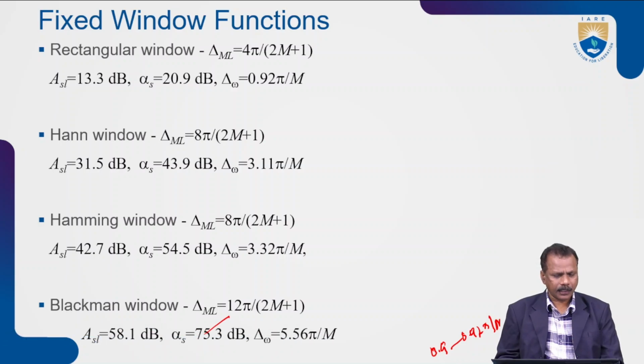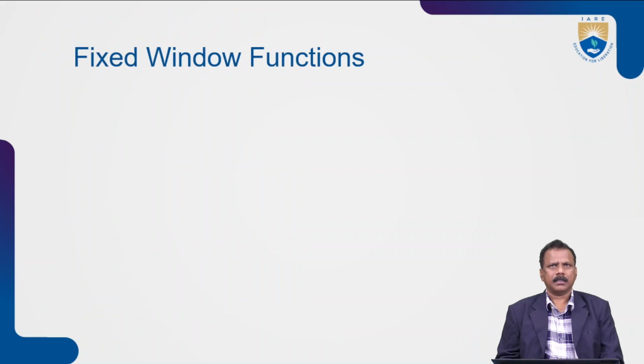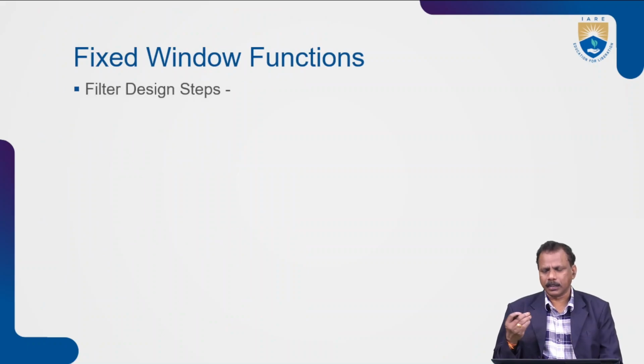A typical value is assigned based on performance levels. Now the fixed window filter design steps: once we know that the fixed windows are available, namely the Hann window, Hamming window, Blackman window, and so on, using all these fixed window functions we have to follow the filter design steps.